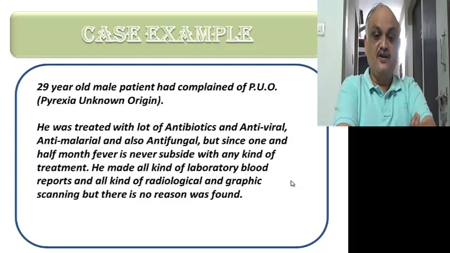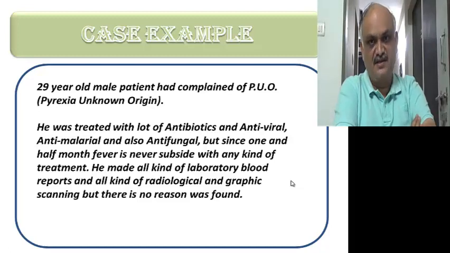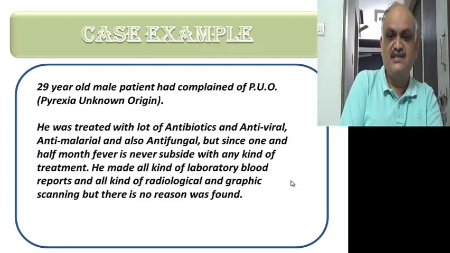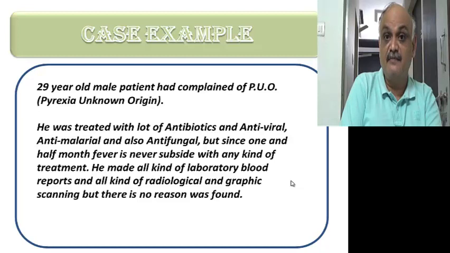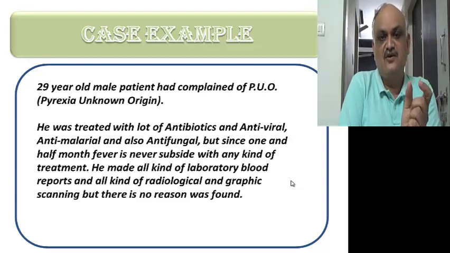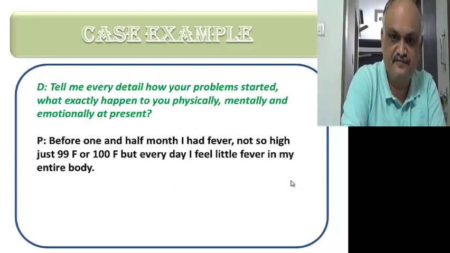He was treated with a lot of antibiotics, antivirals, anti-malarials and also antifungals. But for 1.5 months, 45 days, the fever has never subsided with any kind of treatment. Even though he had all kinds of laboratory tests and radiological scanning, no reason was found. So it's unknown. This is why it is called PUO, unknown origin.